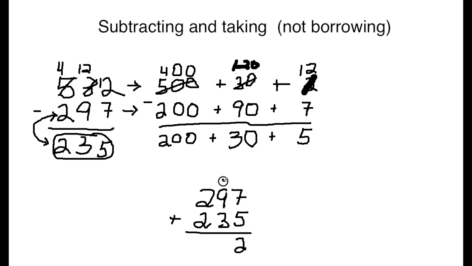Carry the 1. 9 plus 1 is 10, plus 3 is 13. Carry the 1 to the hundreds place. 2 plus 2 is 4. 4 plus 1 is 5. And this number should equal the top number, which it does. And that is how you take when you subtract.